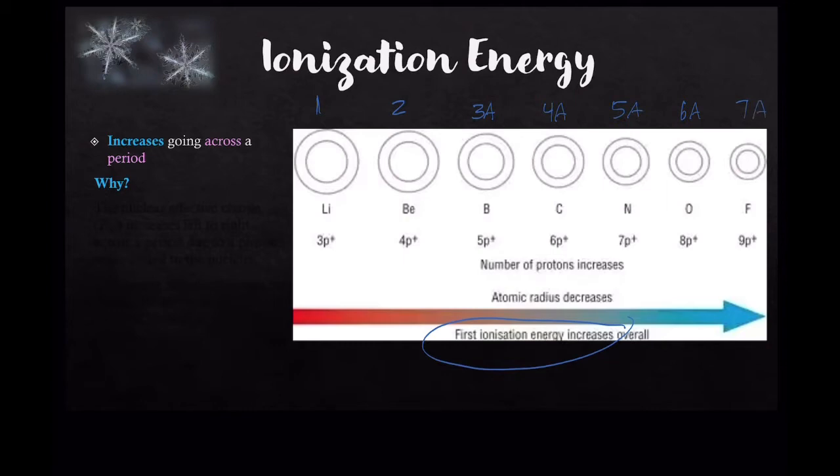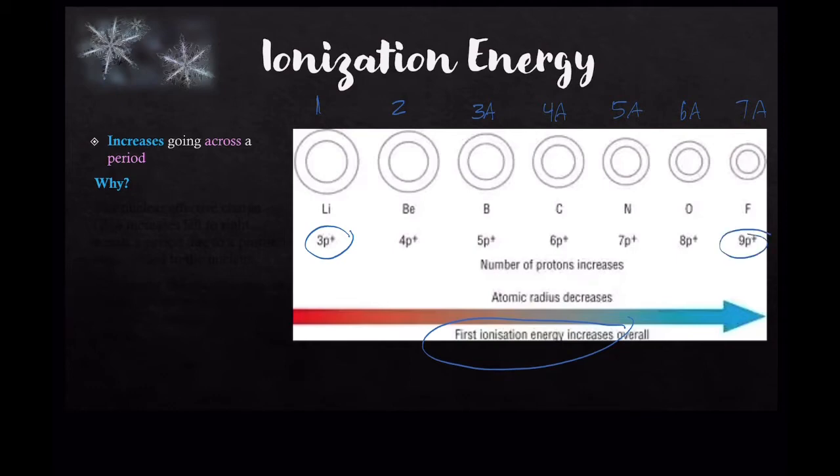So as we go across a period from left to right, the number of protons increases. Notice how lithium has 3 protons, and then when you go to the next element, you have 1 more proton added. So as we go all the way across, notice how fluorine has 9 protons.